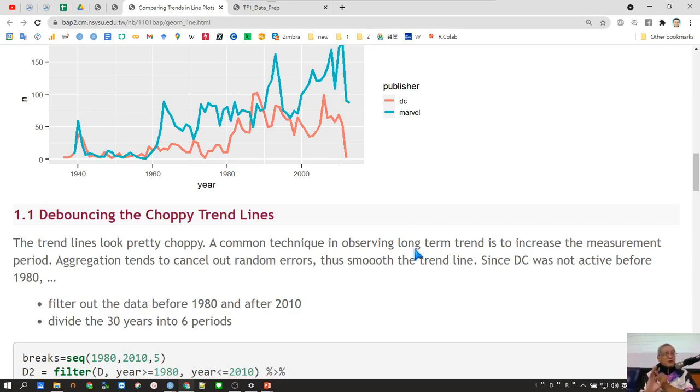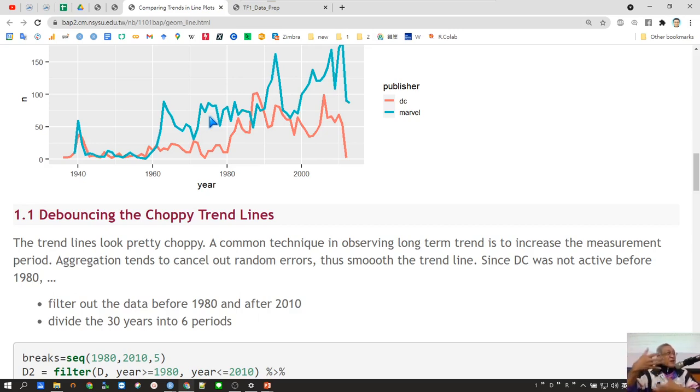Now the way that we do the debouncing is kind of like doing a moving average, right? You heard about this trend a lot, isn't it? A way to remove the noise is to do an average. You do some average, and then it can smooth the line.